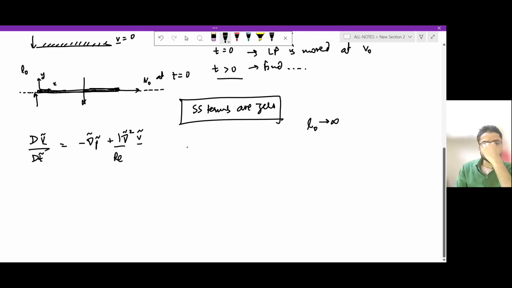Effectively, this lower plate is pulled in the horizontal direction at t equals 0. At this point we have the no-slip boundary condition, assuming it is just a normal surface, not hydrophobic or super hydrophobic, which would repel the fluid molecules near the surface and make the no-slip condition invalid.